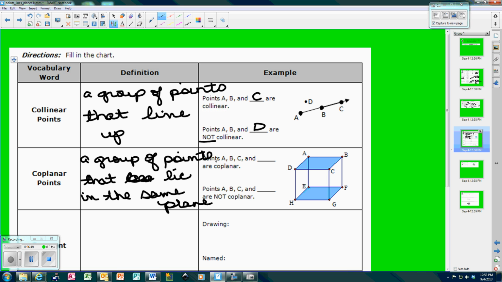For example, points A, B, C, so here's A, here's B, here's C. D is the only other point that lies on the same plane. A, B, C, and now pick any of these other points. So A, B, C, and G would not be on the same plane. Or maybe E, or F, or H. To be on the same plane, when you connect them, then they're going to make a plane.